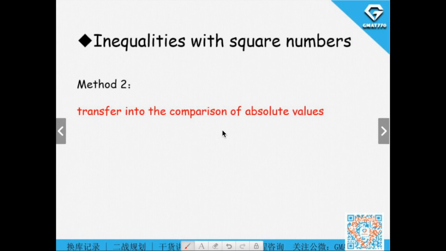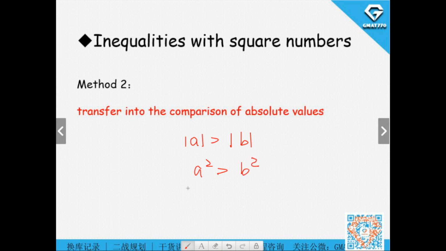Well, the second method to solve these kinds of questions is that you can transfer the comparison of square numbers into the comparison of absolute values. As we have learned before, if we have the absolute value of a greater than the absolute value of b, you can just square both sides. You will have a squared greater than b squared.